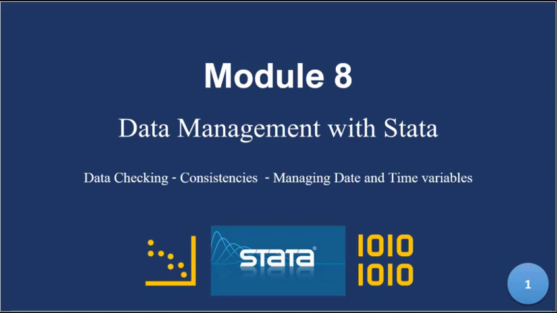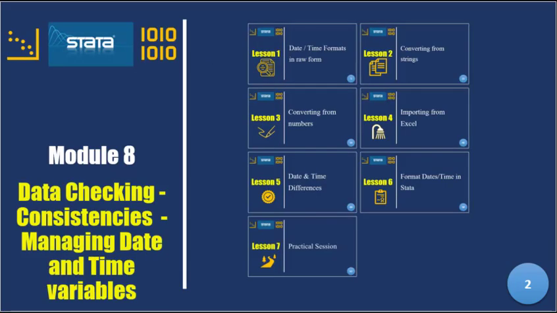So we're going to have basically 7 lessons here. Lesson 1 is going to look at date and time formats in raw form, then converting from strings, converting from numbers. This is far more detailed than what we had in, I believe, module 2 or module 3, where we talked about preparing data.